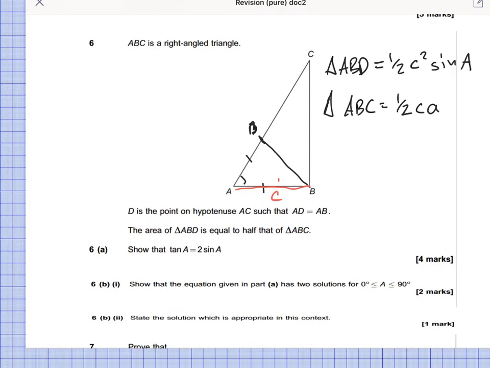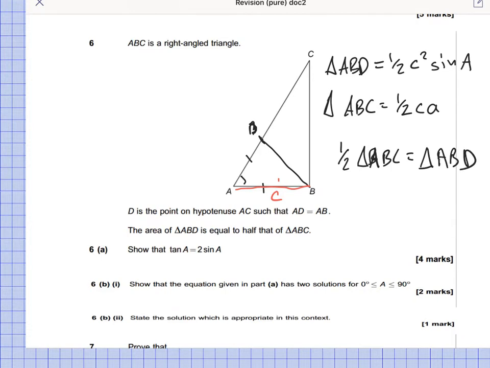Okay, so we know that the area of the top triangle, ABD, is half of the area of the large triangle. So a half of triangle ABC is equal to triangle ABD.